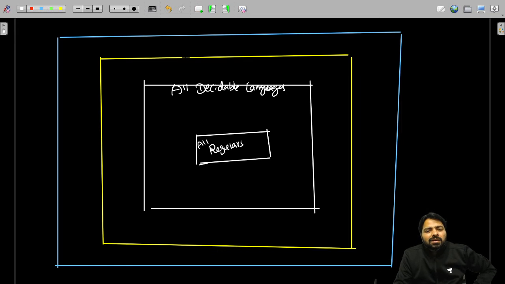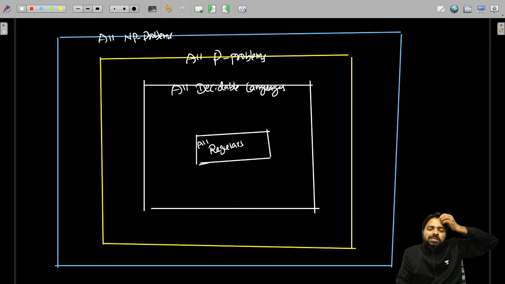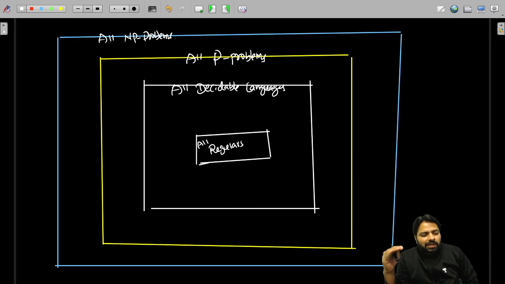And this is all P problems, the P class, yellow box, and blue box is all NP problems. Now, their question is, look at the relation. Please remember the relation.